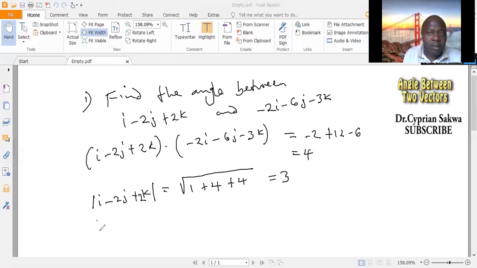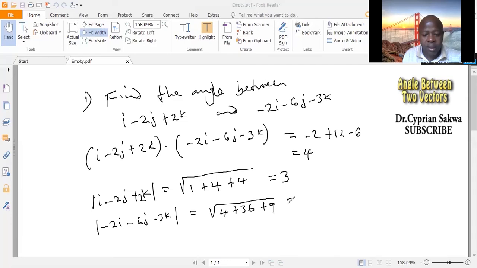Then we also get the magnitude of the other vector, negative 2i minus 6j minus 3k. Negative 2 squared is 4, negative 6 squared is 36, and negative 3 squared is 9. So this is 49, and therefore 7.